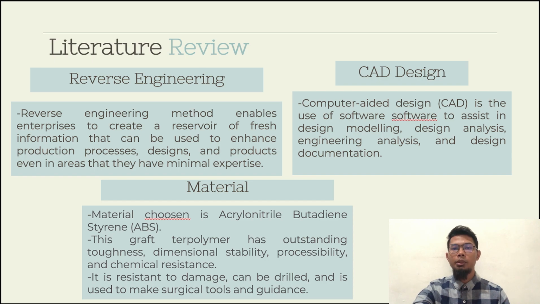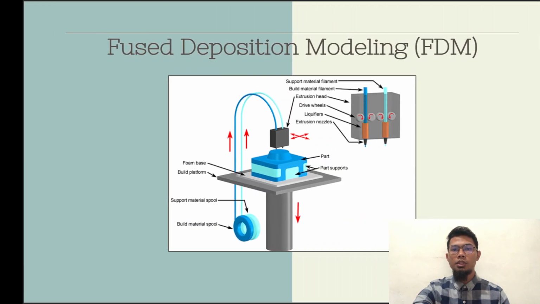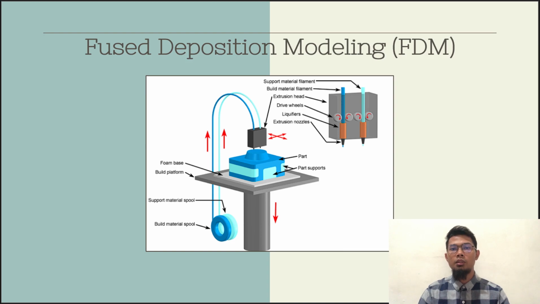We continue with the methodology. In this project, we use fused deposition modeling. Fused deposition modeling, which is FDM, is a type of additive manufacturing technology that uses a thermoplastic material, which is heated and extruded through a small nozzle to build up layers and create a 3D object.